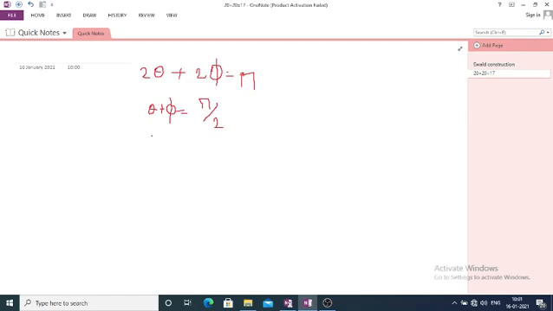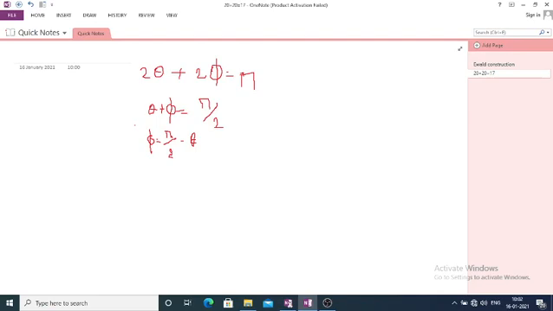So if you write the equation for phi, you get pi by 2 minus theta. So phi is equal to pi by 2 minus theta.